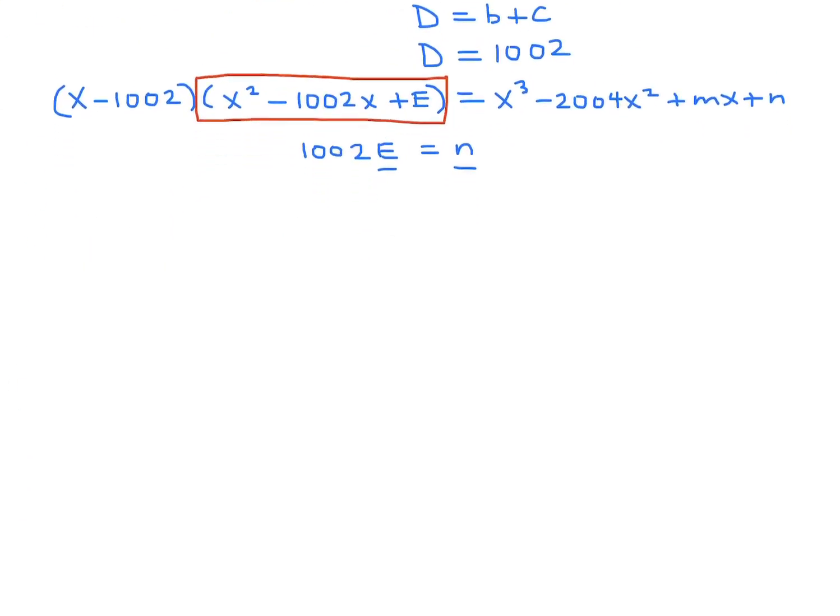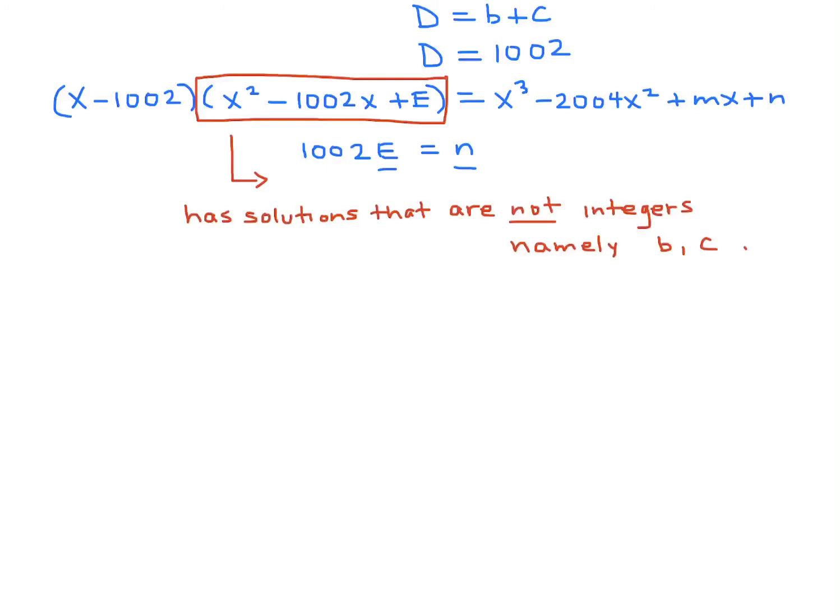So that means that this equation, which is a quadratic, has solutions that are not integers, namely b and c. All right, no problem. Let's figure this out. How do we find the solutions to a quadratic equation? Well, you definitely know that.